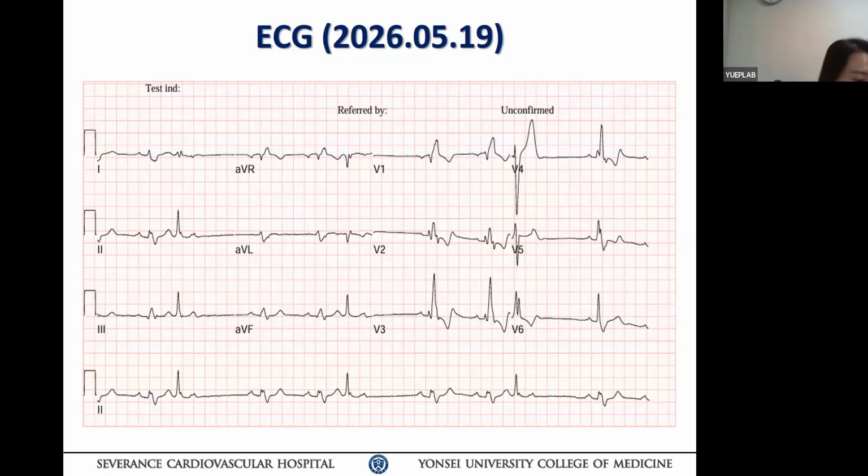The heart rate is about 80, and I can catch the P wave, and the axis shows slight variation. I can see an RBBB pattern on V1, V2 and V3.